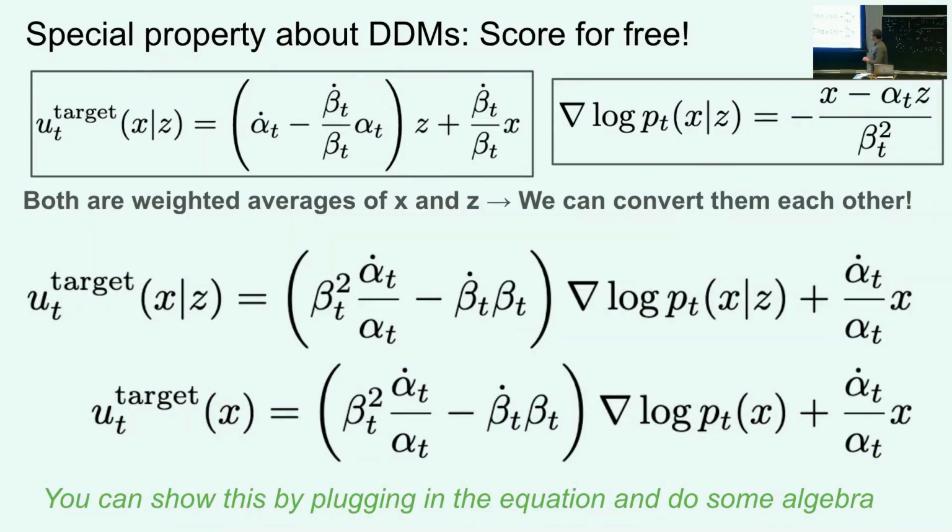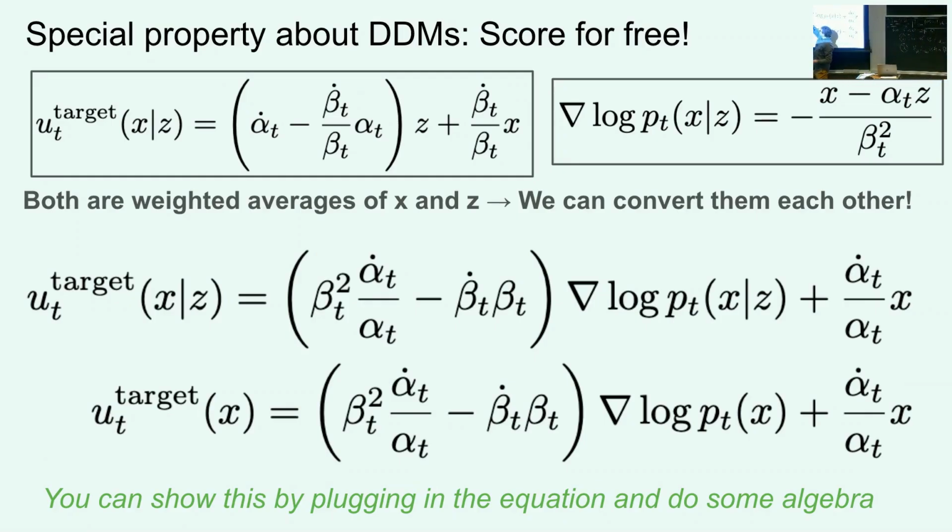All right, so what's a special property about these denoising diffusion models? That's the last theoretical thing for today that we need to realize. And thank you, Cole, for bringing this up. So let's look at the conditional vector field and the conditional score again, and let's make a very simple observation.